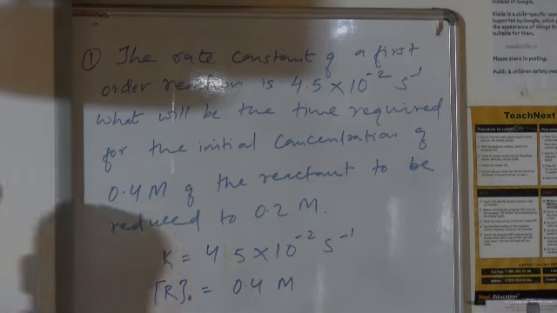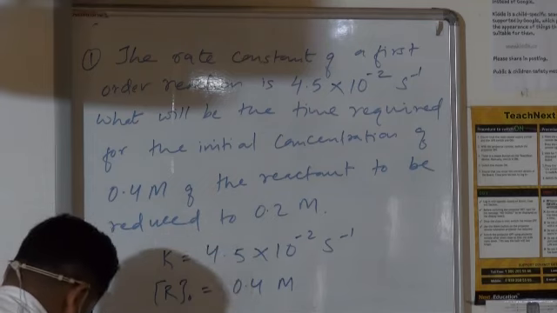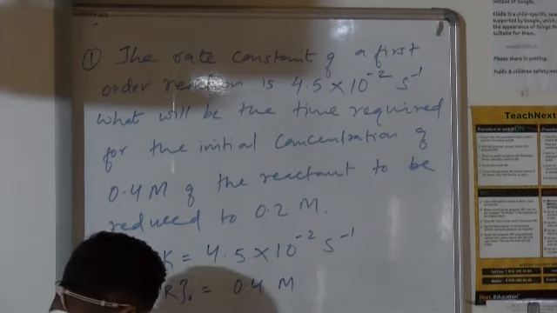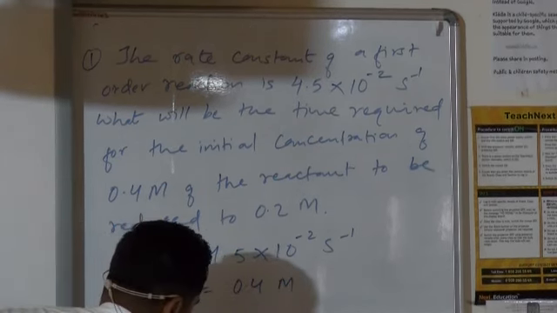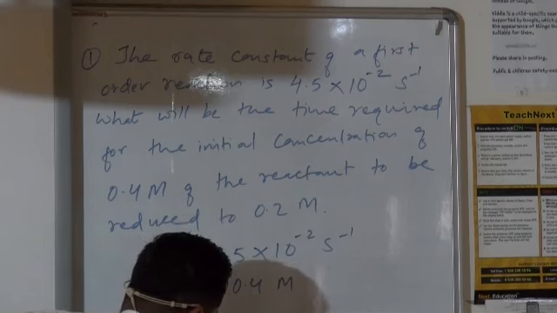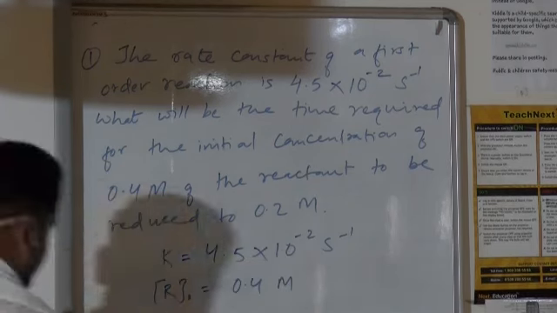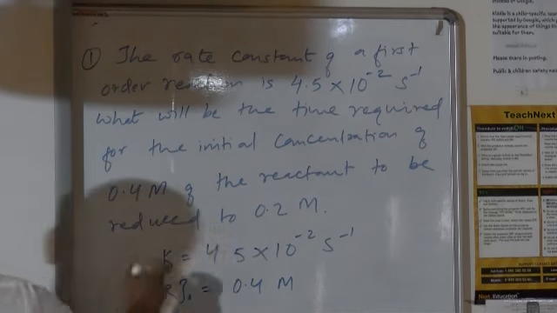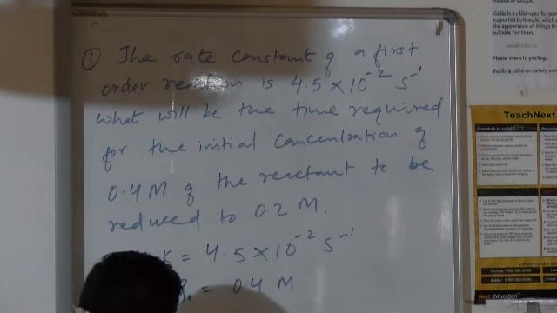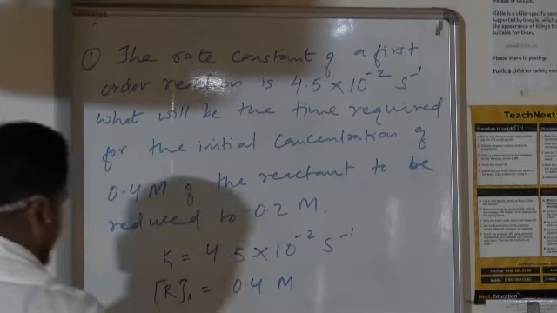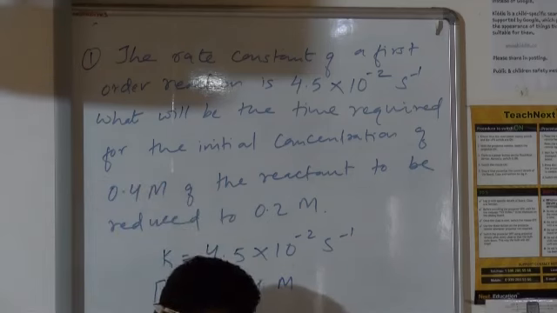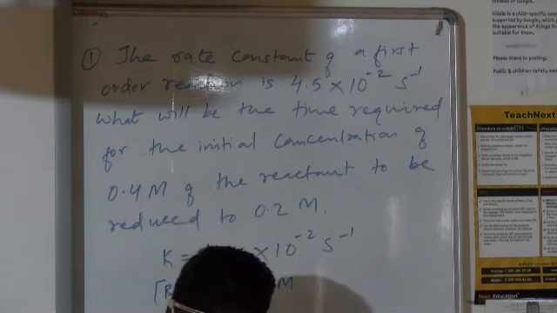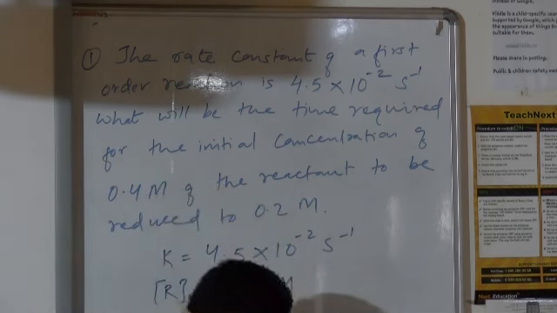So simply we use the first order expression. The expression goes like this: K is equal to 2.303 by T, log R original by R. So let me write T is equal to 2.303, K will go down, put the value of K, 4.5 into 10 to the power minus 2, times log of R original, that is 0.4, by R, that is 0.2.